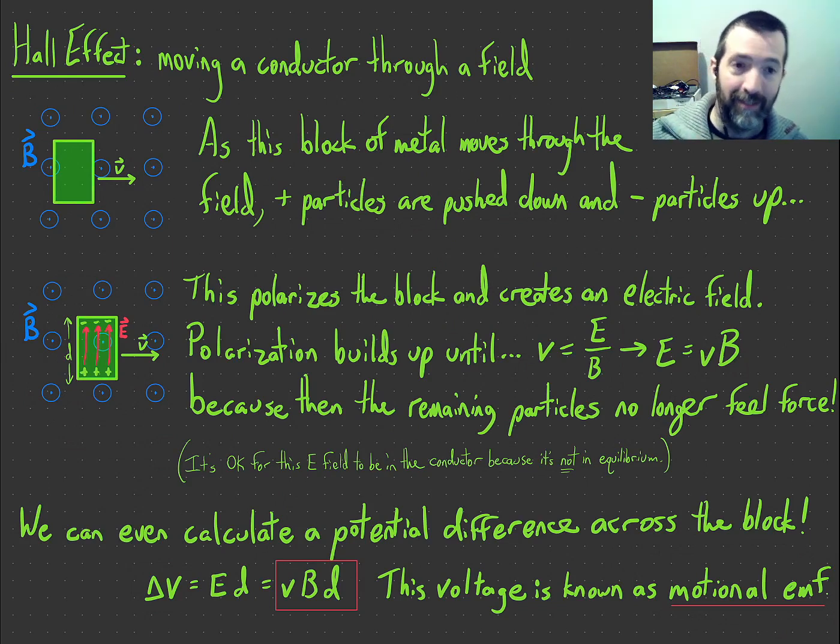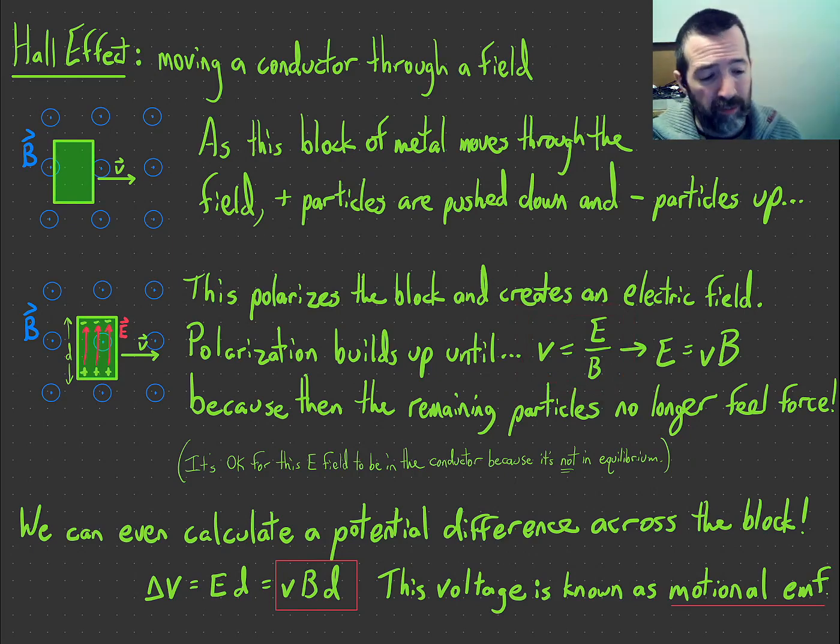But in this state, it is not in equilibrium, and so the field is there. So anyway, if you move a conductor through a magnetic field, it's going to become polarized or generate an EMF or potential difference, something along those lines. And if you need to attach any math to it, it is the same math as from the crossed fields velocity selector stuff.